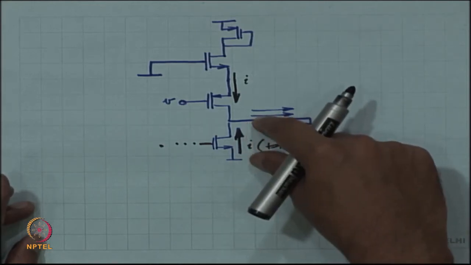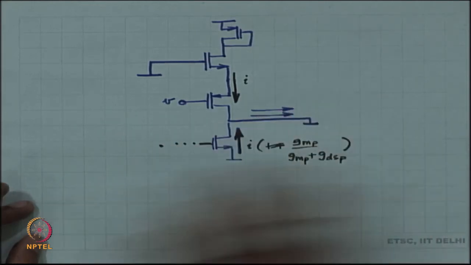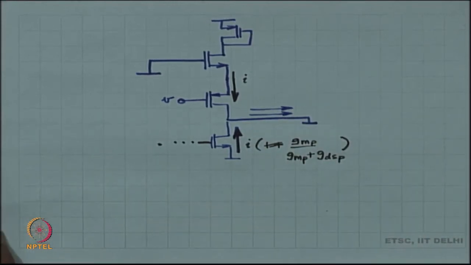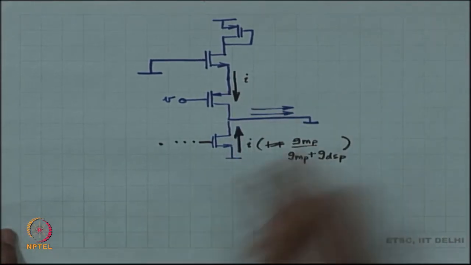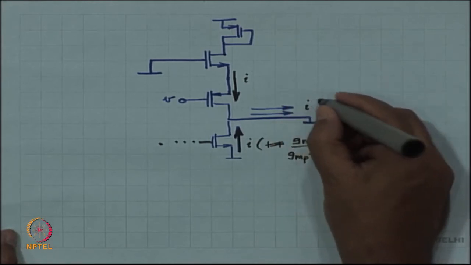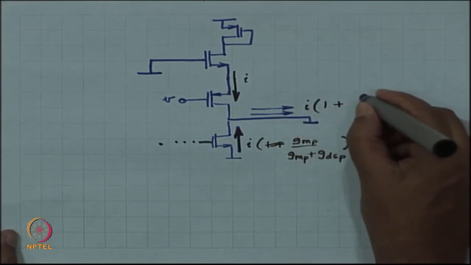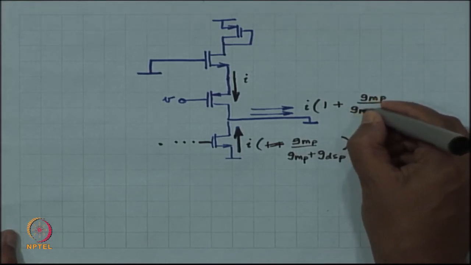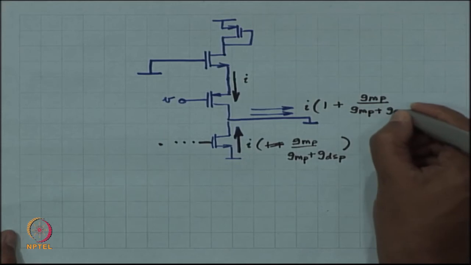Is there going to be current in RDS? No, because it is a short, so no current in RDS. At least that part is gone. So, the net current is going to be I times 1 plus GMP divided by GMP plus GDSP.